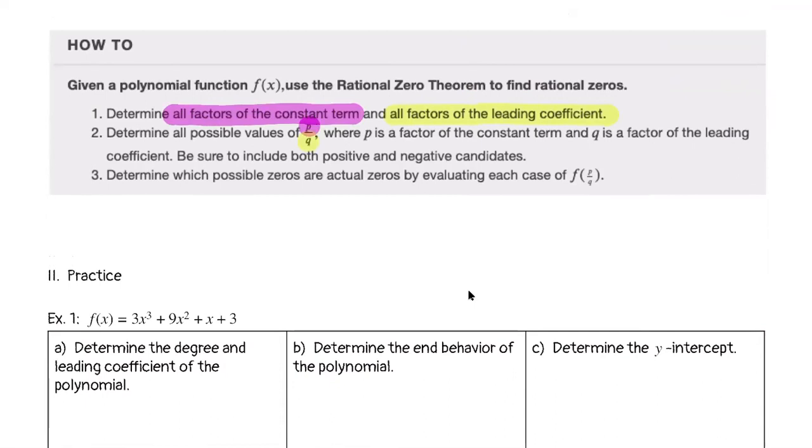Okay. You do need to put a plus or minus in the beginning because we want to include positive and negative candidates. Okay. I'm going to ask us to kind of ignore this last step. That is one other way to do it, but we're just going to list out all the possible ones, and then we're going to match them with our graph and see which ones are worth trying and which ones we don't need to try. Okay.